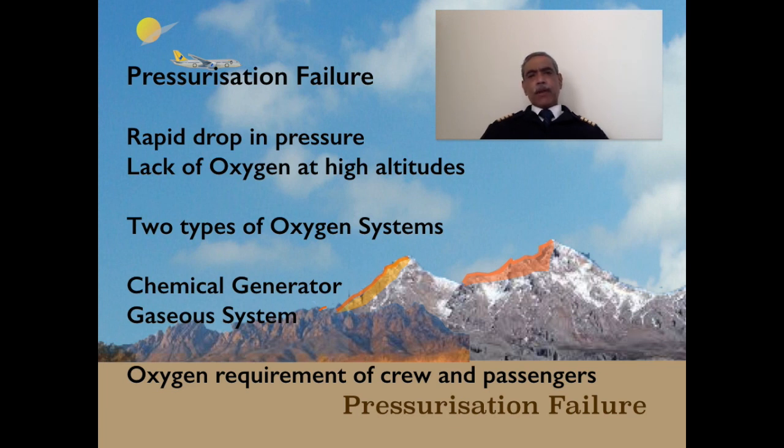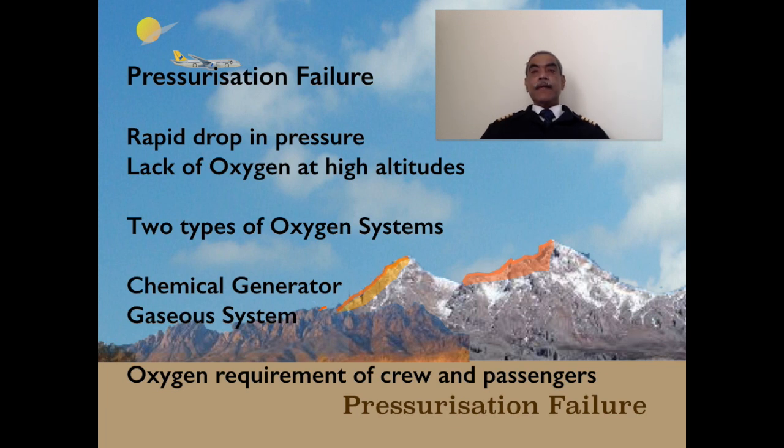One of the very critical failures that could happen is the pressurization failure. There could be rapid decompression, which will lead to a rapid drop in pressure, and of course will lead to lack of oxygen.